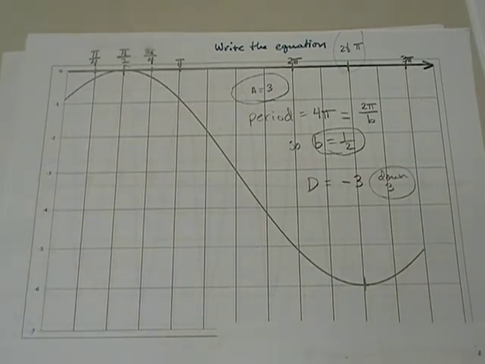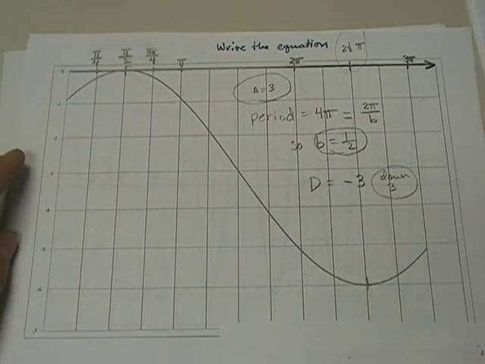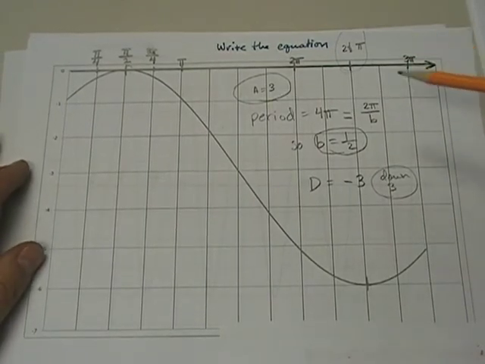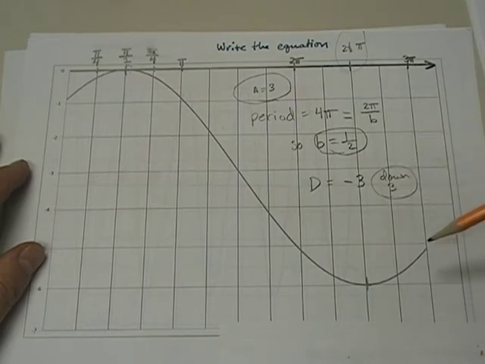Now, I've found the amplitude, the period, and the vertical translation. One thing I haven't done is pick which function I'm going to use. The nice thing about sine and cosine is the function doesn't affect the amplitude, the period, or the vertical translation. It only affects the horizontal translation. So I have to ask myself, do I want to use sine or cosine? I try to make this as easy as possible, so I look for where sine is supposed to start and where cosine is supposed to start.